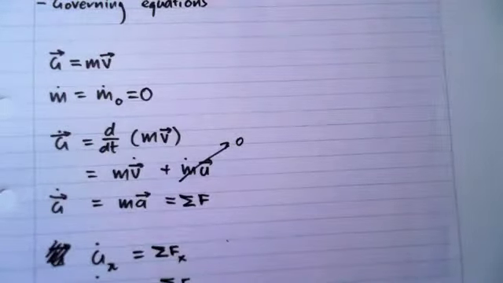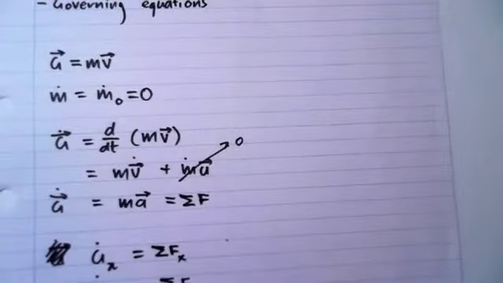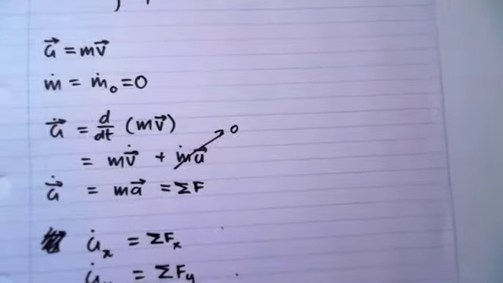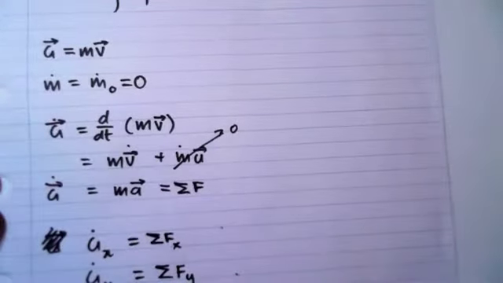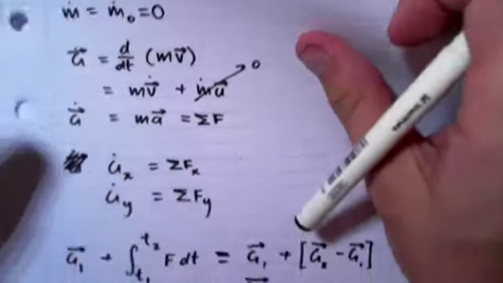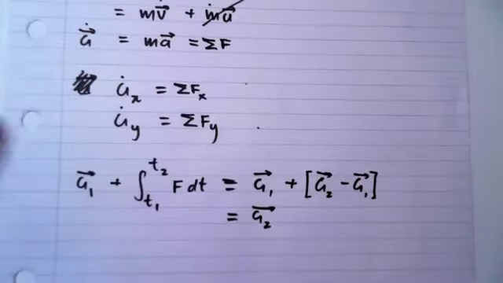If we multiply that by time, then it's mass times velocity, which is linear momentum. So these two terms here are the final velocity, and this is our initial velocity, so we end up getting this is equal to G2, which is the final linear momentum. I'll just pull that up so you can see what I've done there.